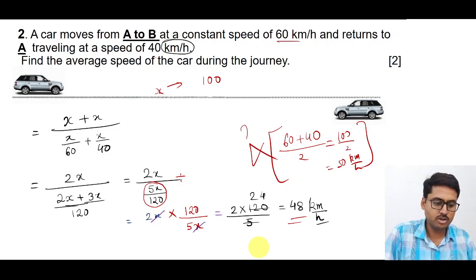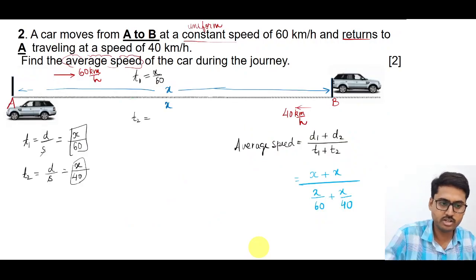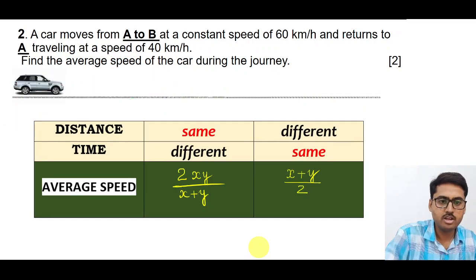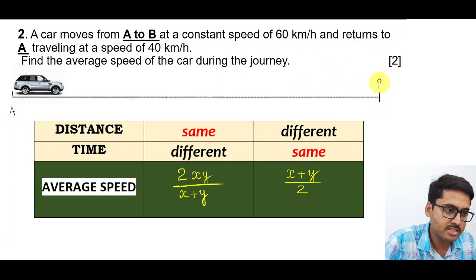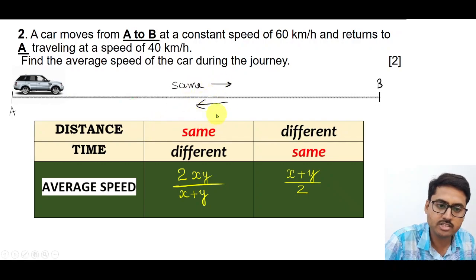Now in this video I am going to give you a short trick to remember this particular question and how you can solve it, right? From this question, what you see is that as the object goes from A to B and returns from B, it is covering the same distance. Whatever distance it goes, it returns the same distance.